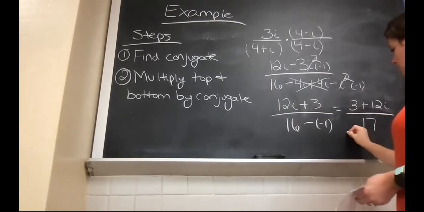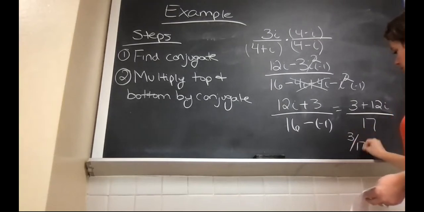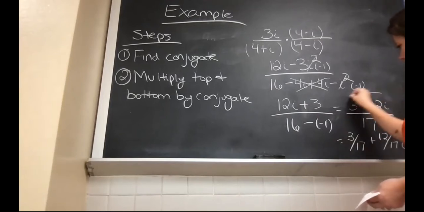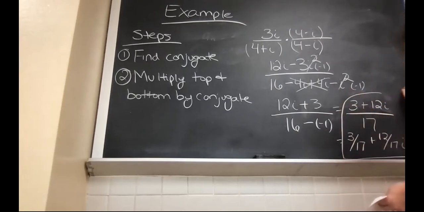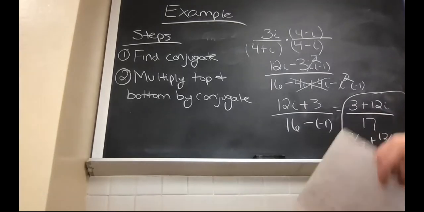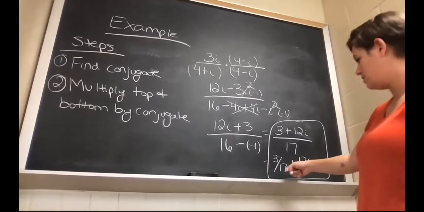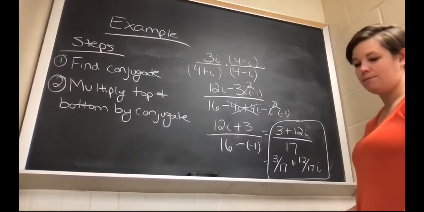Or you can separate it out so you have your real part plus your imaginary part. Either one of these is correct. I typically will take it out this way just because I like it to look like a plus bi, and this is a plus bi.